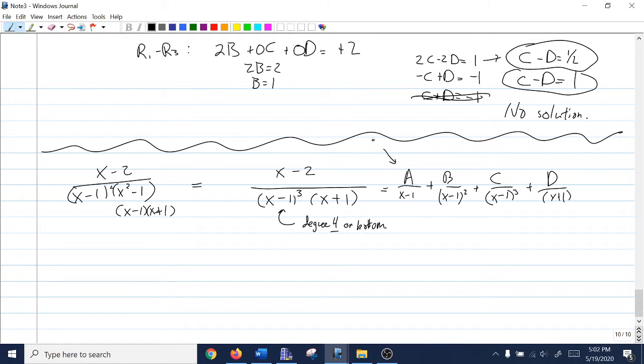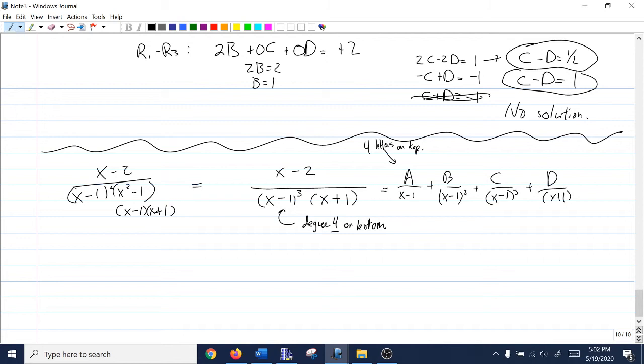That tells me I should end up with 4 letters on top. The number of letters on top is the number of variables, and these, to match the degree of the bottom, will turn out to be the number of equations you get. So good. Signs are good so far.